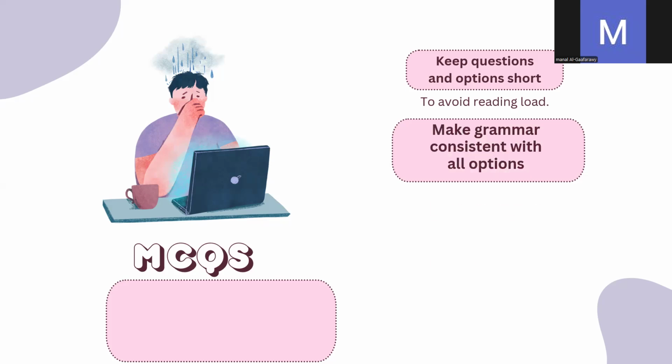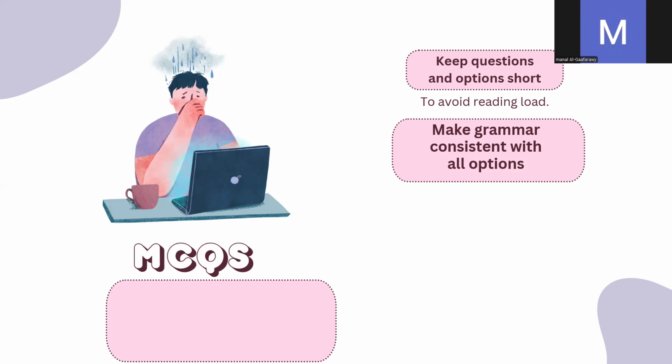And the second criterion you need to consider is make grammar consistent with all options. So for example, when you say that the elephant is a, and then space and then options, some of them start with a consonant and some of them start with a vowel.